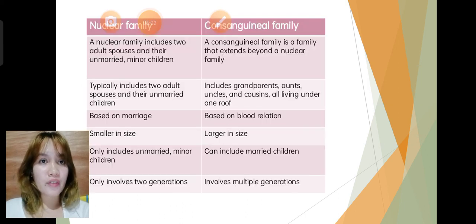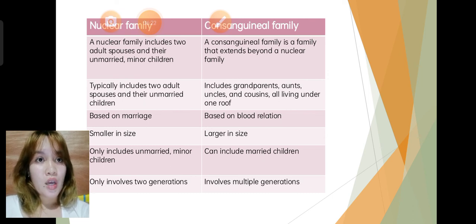I have here an illustration that best describes the difference between the two families. A nuclear family includes two adult spouses and their unmarried or minor children, as I said earlier, while the consanguineal family is a family that extends beyond a nuclear family and includes the grandparents, the aunts, uncles, and cousins, all living under one roof.